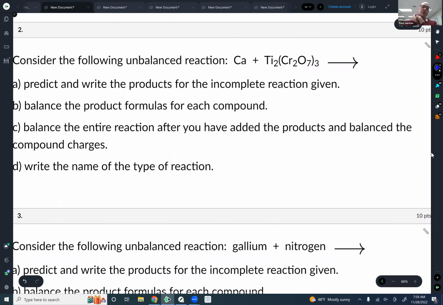All right, on number 2, we had to recognize that this is a single replacement, and this element here is a metal, so it's going to switch places with the other metal. So what we could do is work backwards and figure out that the charge of the dichromate is -2 and the charge of the titanium is +3. But that really didn't matter because the titanium is going to be by itself.